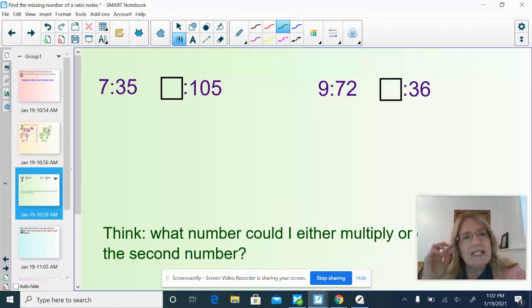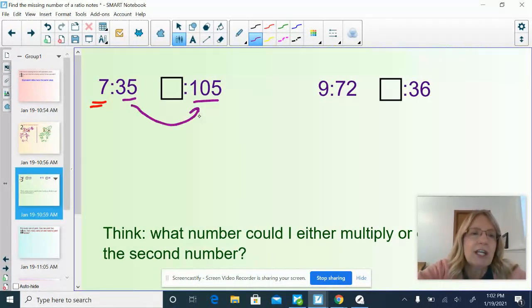Ooh, so think positioning. Think, hey, the 7 is positioned to the left of the colon. So what we're looking for is also to the left of the colon. So then the two numbers to the right of the colon are where you're thinking, what made the change?